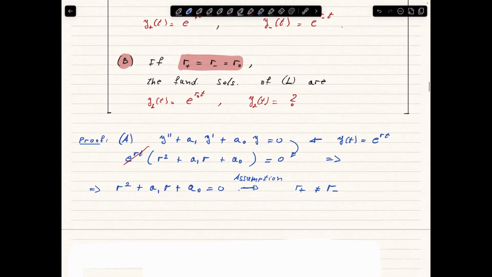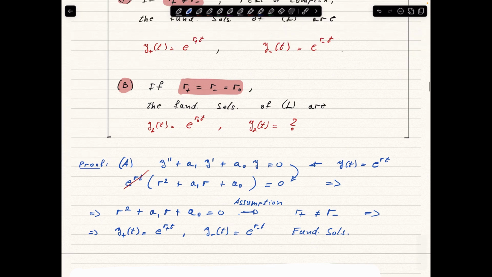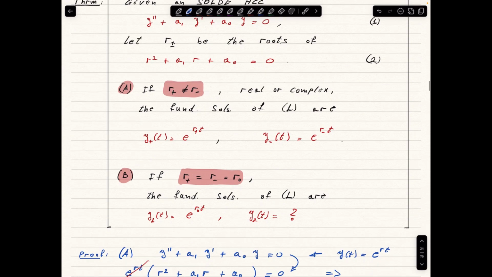Well, then that's it. Because then we know that y plus equals exponential r plus t and y minus equals exponential r minus t. These are going to be fundamental solutions of the equation, and let's call it 1.